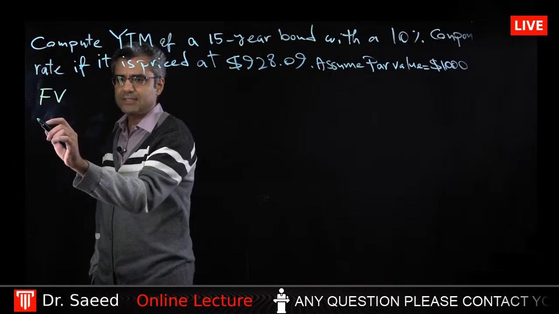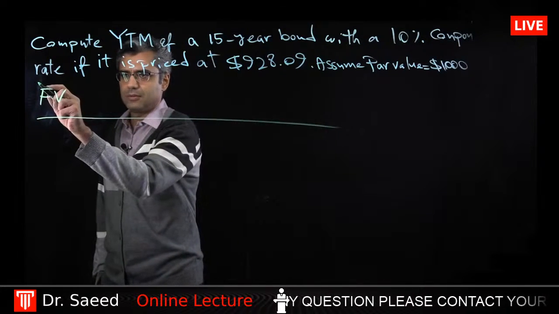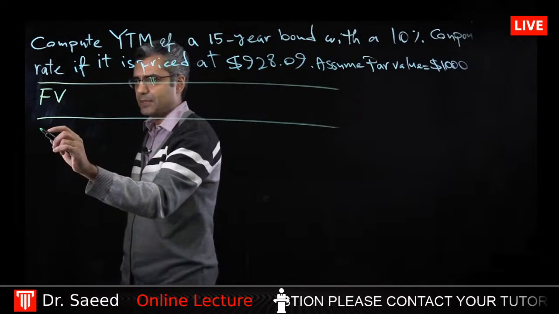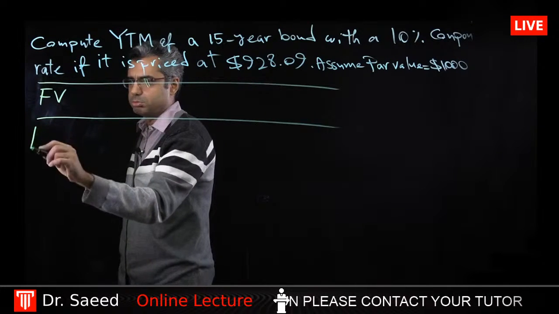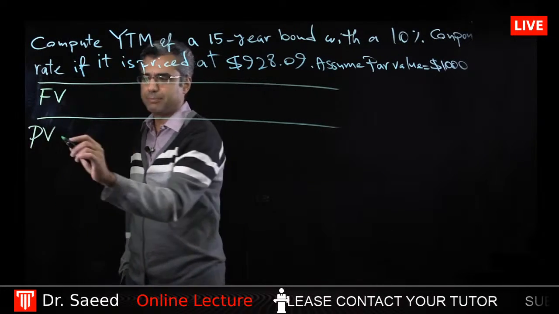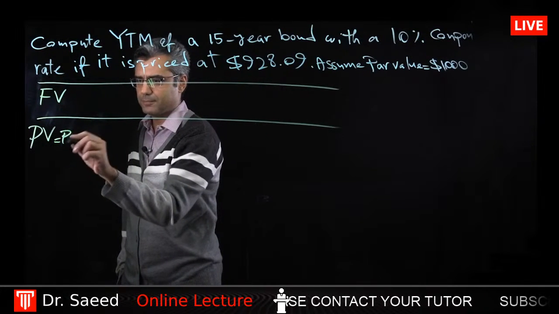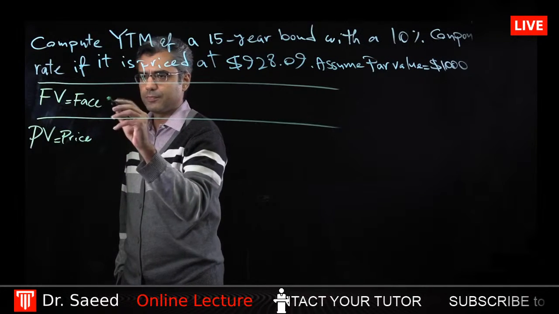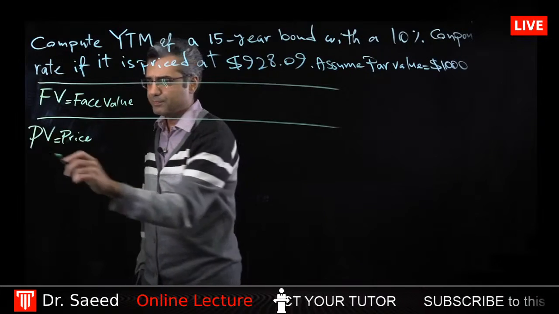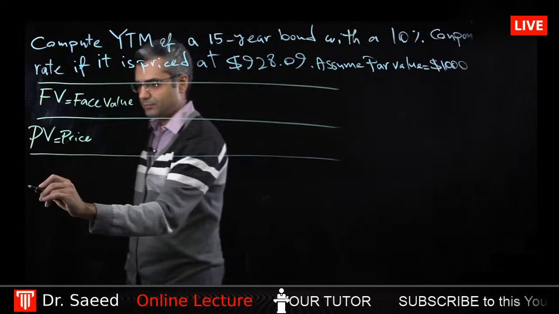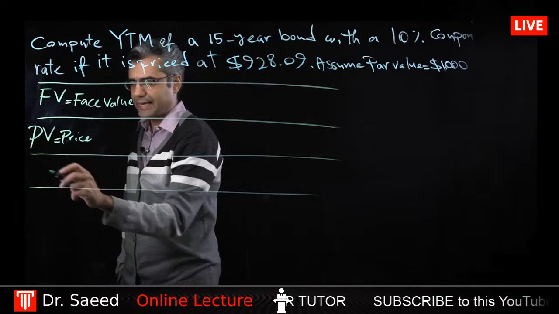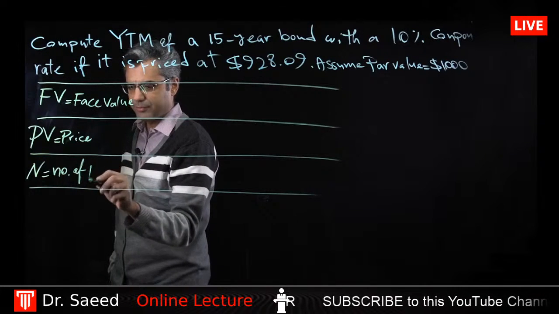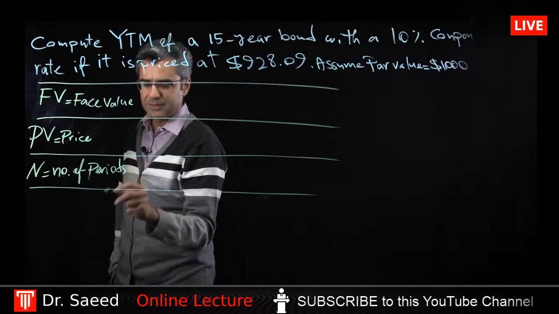So let's draw a table. These are the 5 parameters. FV is face value, or another name is par value. Then we have PV, which means the price of the bond. Then we have N, the number of periods till maturity.